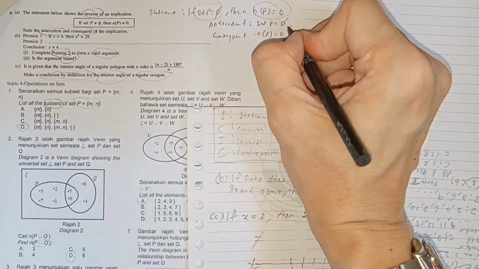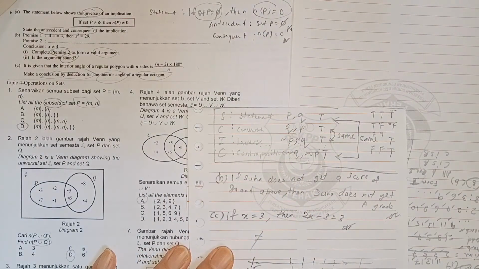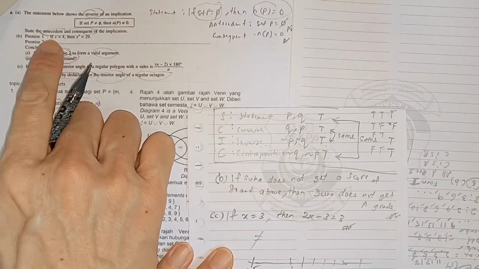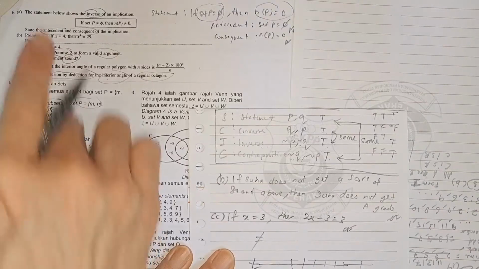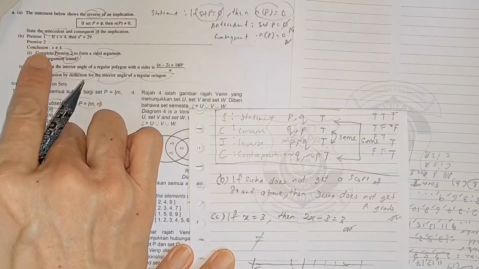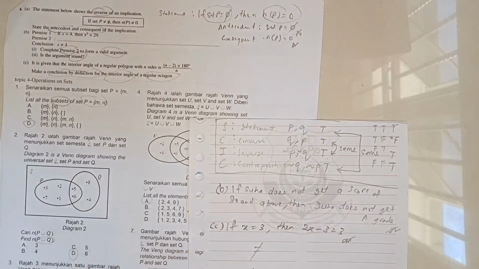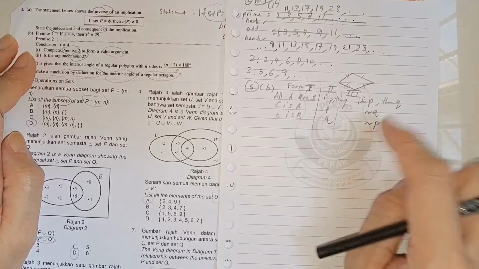So that is the final answer. Then after that, B. If you find premise one is either if-then or something else, but if you find premise two or the conclusion, it is very easy. Just now I still remember form 1, form 2 and form 3. This one you must remember.